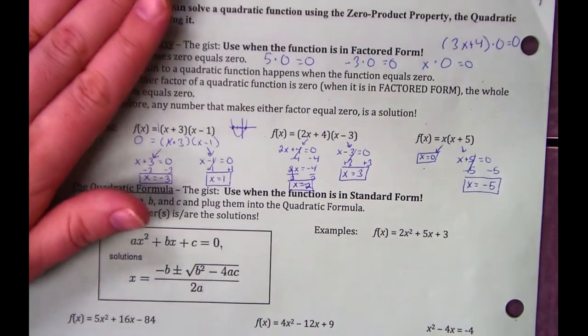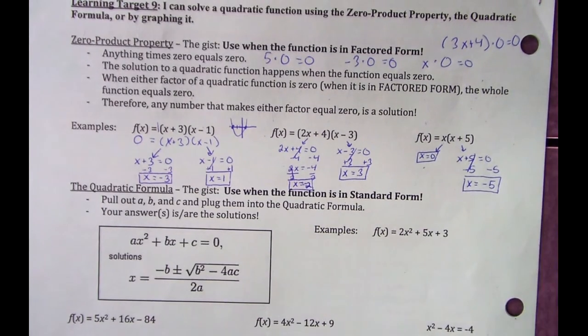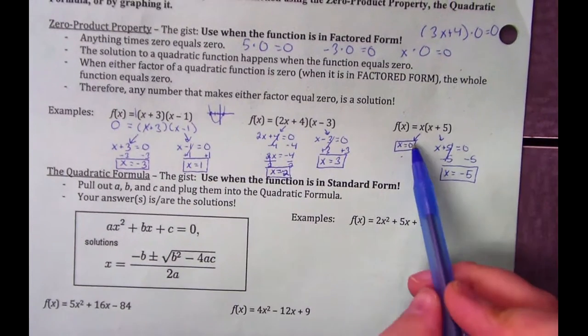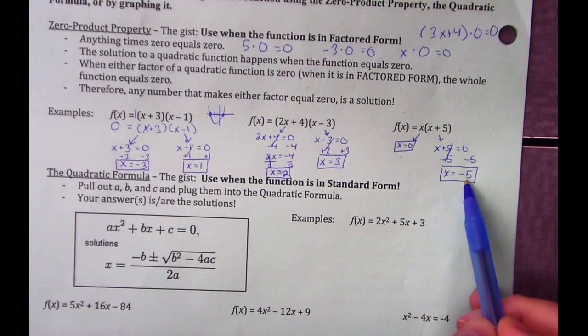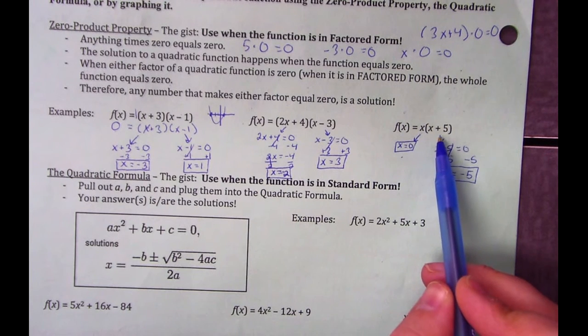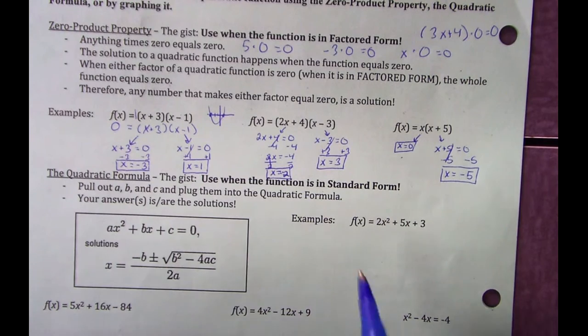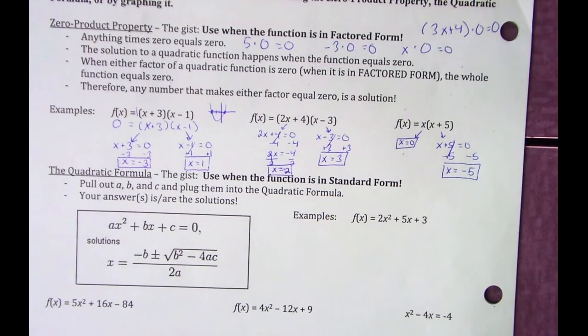So that tells me that in this quadratic function right here, using the zero product property, if x is 0 or if x is -5, the whole thing is going to end up being 0, which means that y is 0, which means it's an x-intercept and a solution to my quadratic function.